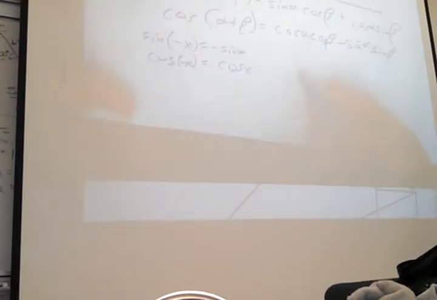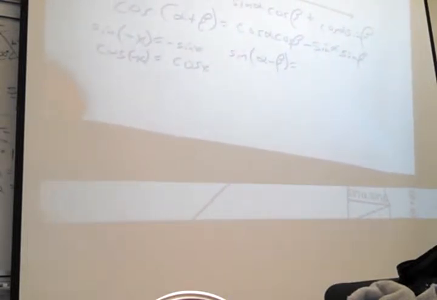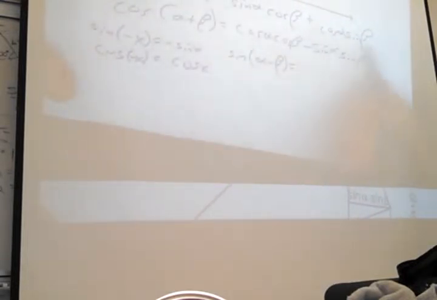Okay, so that means that I can look at sine of alpha minus beta. Now just using what we have right here. So that alpha is alpha, but what's this now? Negative beta. So wherever I see a beta, I have to put a negative beta. Are you guys with me?